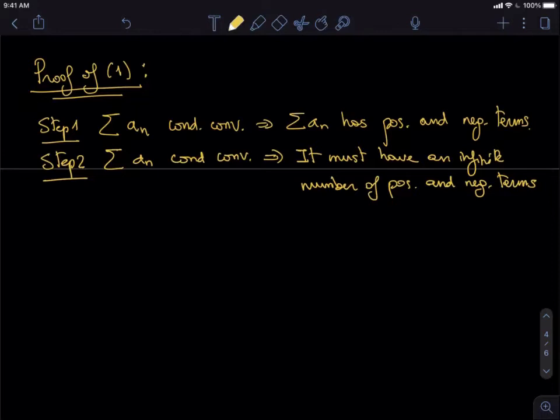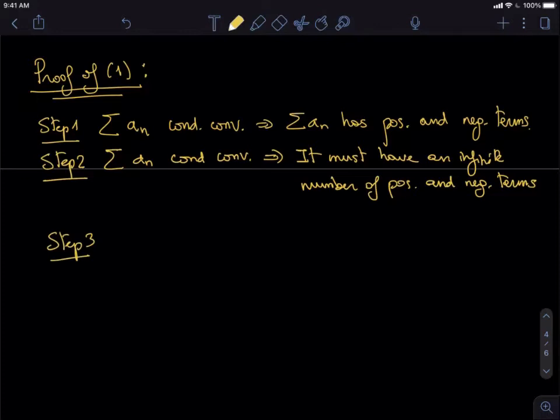In other words, if we have a finite number of negative numbers, we can put them aside, and whatever is left would be an absolutely convergent series, which cannot be. And now, once we know this, we can actually go into the main part of the proof.